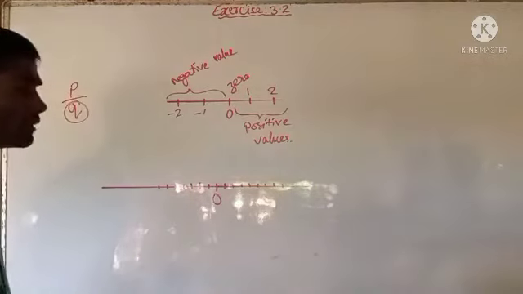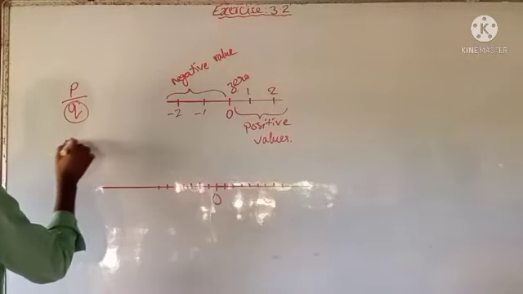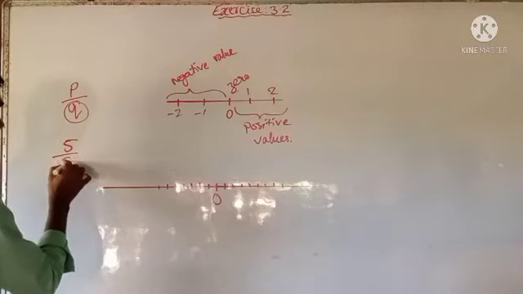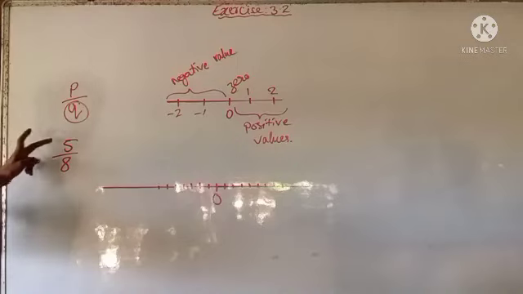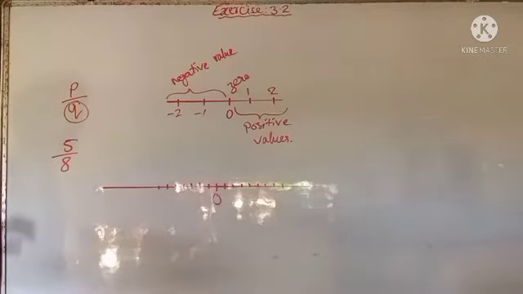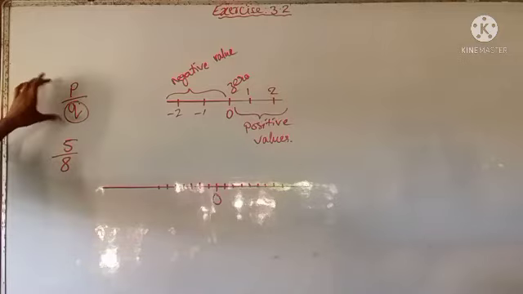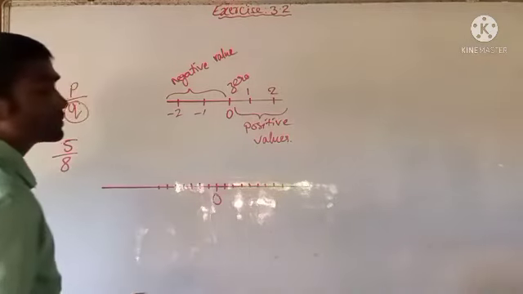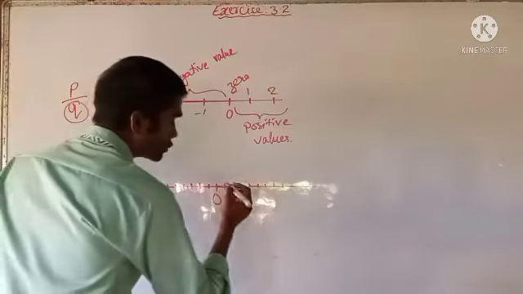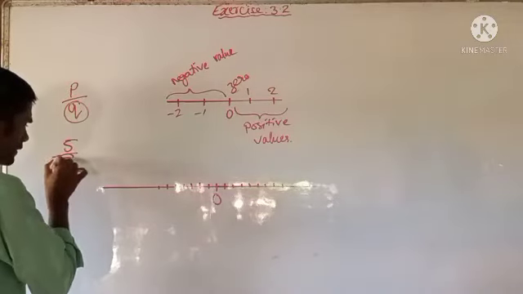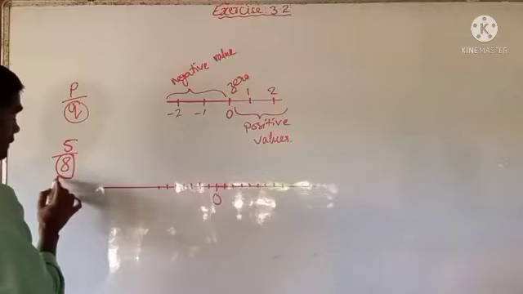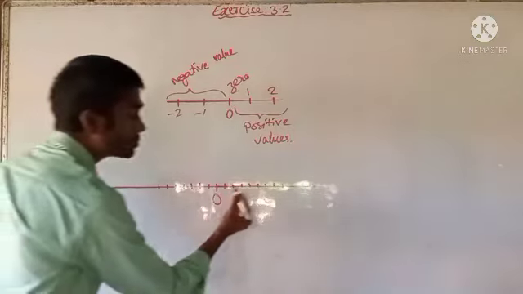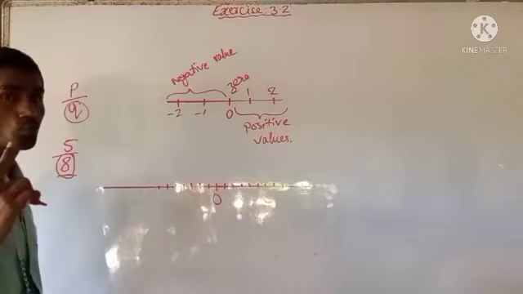Now if the rational number is 5 by 8, in the form p by q, and we are asked to represent it on the number line, how are we going to represent it? Whatever the denominator is, that many markings we are going to take as 1 unit.